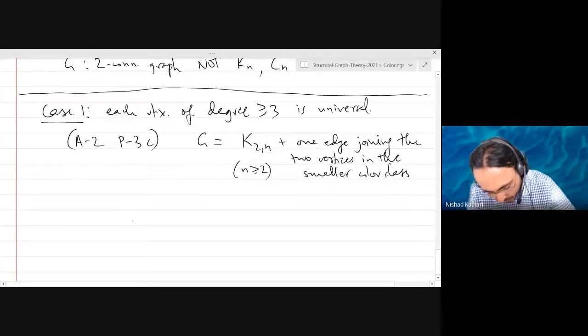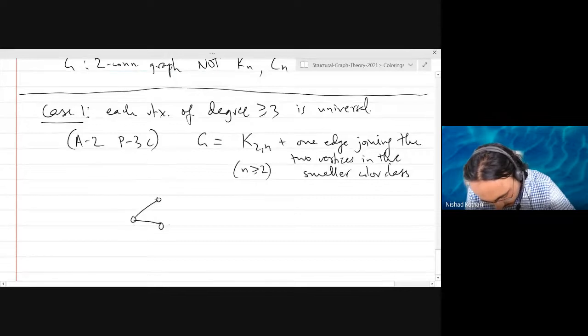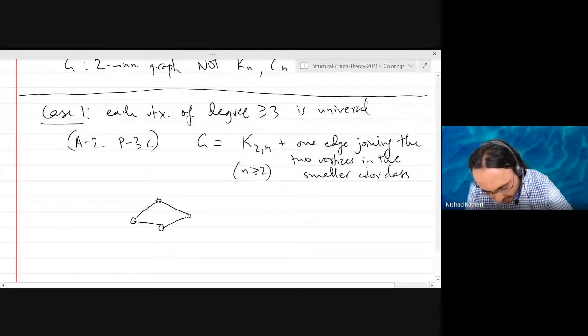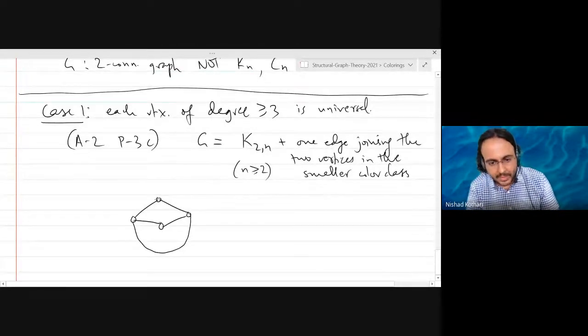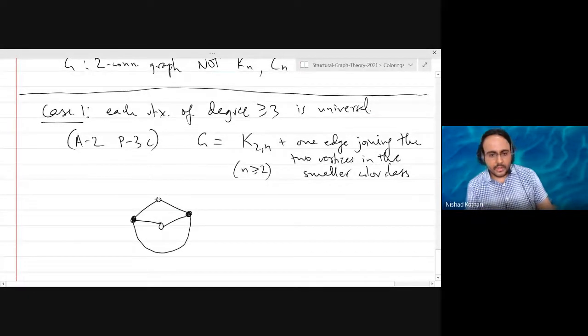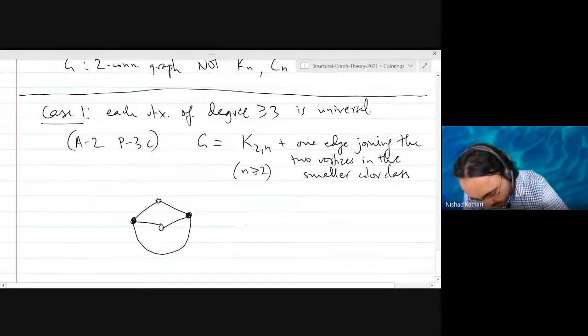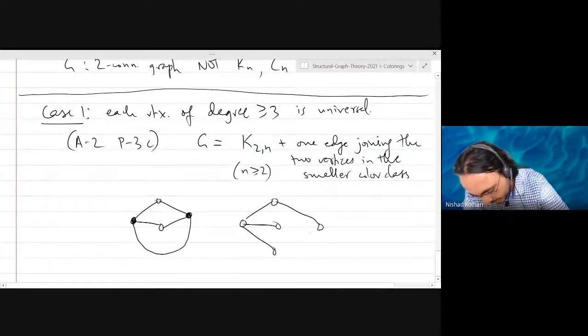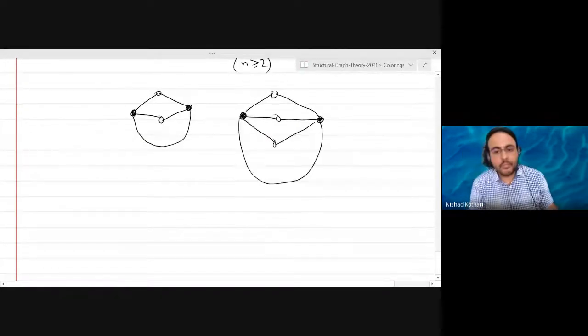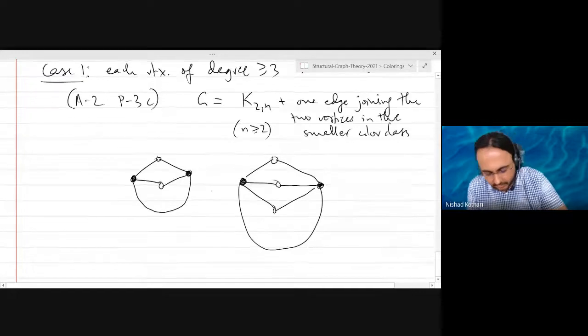So you have K_{2,2}, and then you add one edge joining two vertices that have the same color in the bipartite graph. If this is black, this is white, white, and black, then you add one edge joining these two black vertices. The next graph was something like this: you have a K_{2,3} and you add one edge joining these two black vertices.